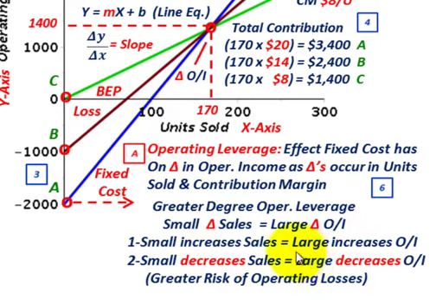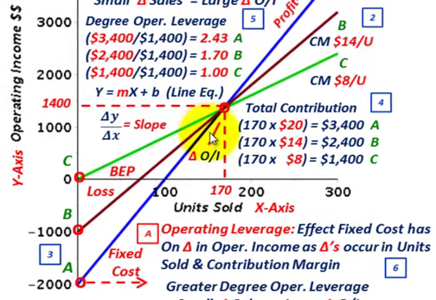Okay, so what we're saying here is this was the intersecting point. Anything on this side of our equilibrium point, where you have any small change in sales, with the steeper line, you're going to have larger increases in your operating income.